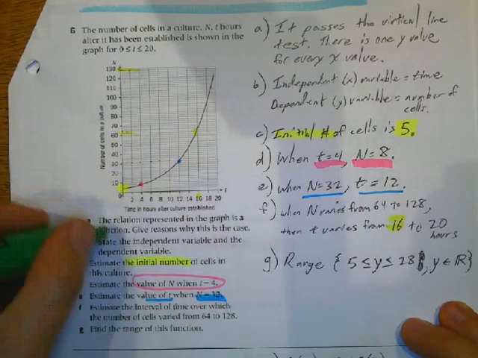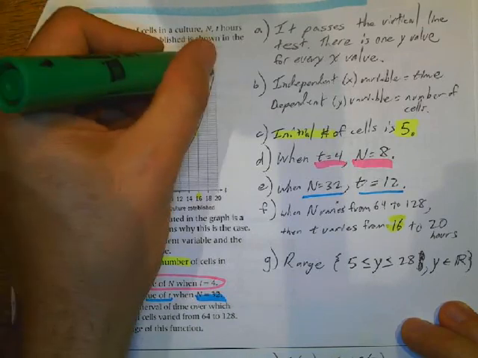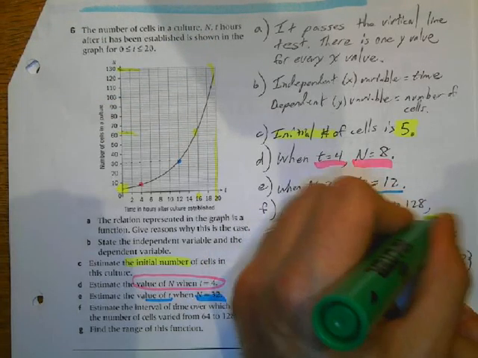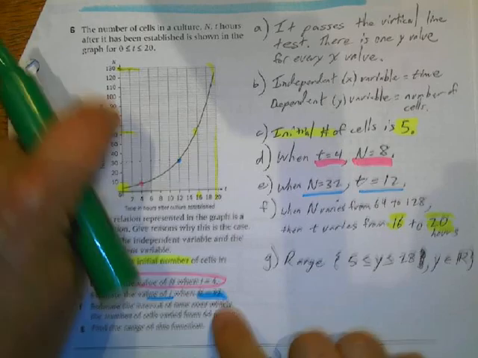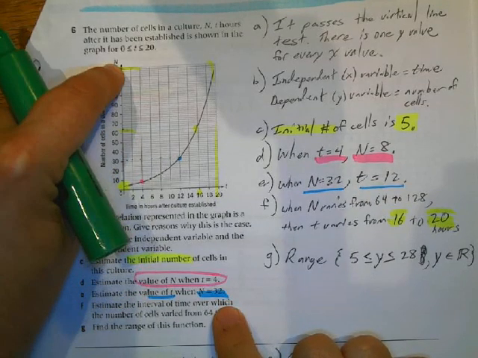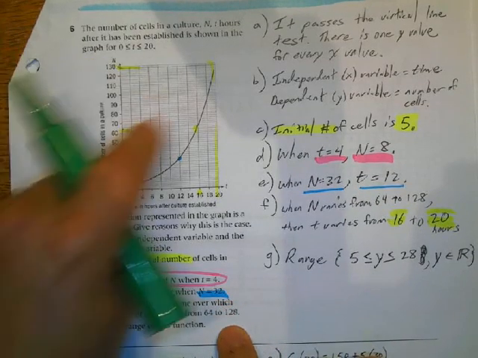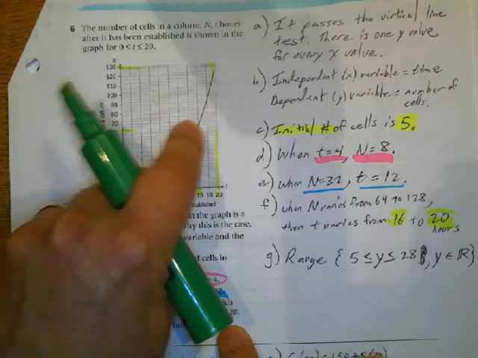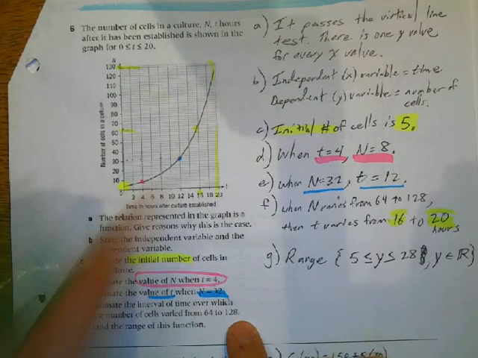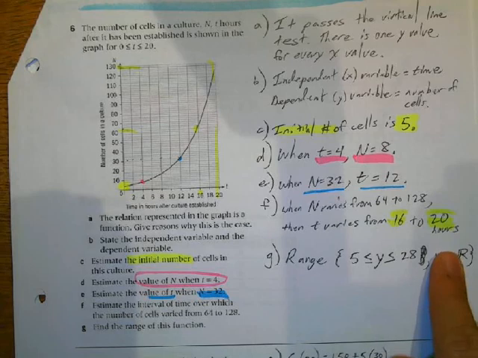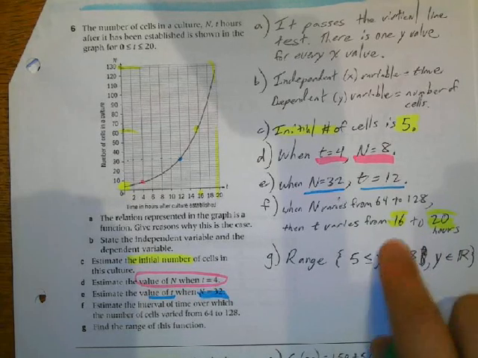And at 128, I go over and down, and it looks like it's 20. So to go between 64 and 128, my t values would be 16 and 20. You might want to rewind and think about question F again.